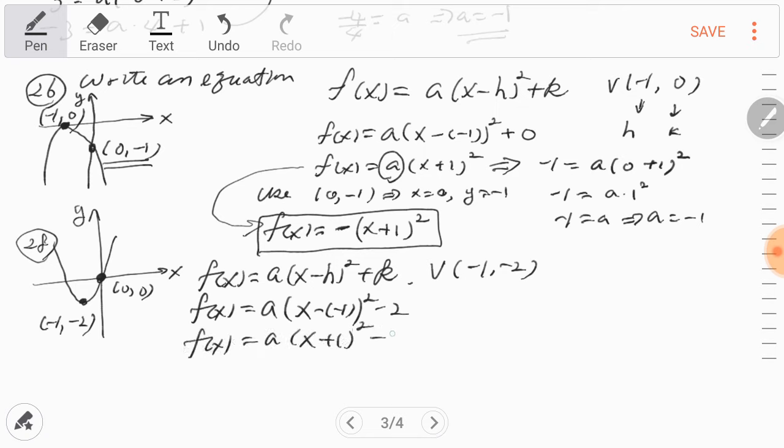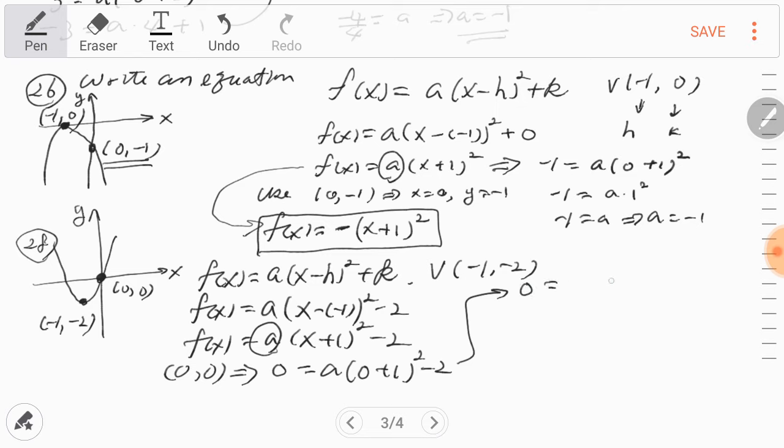And then we need to find a. So let's use 0, 0. This will give you x equals 0 and y equals 0. So 0 is equal to a times 1 squared minus 2.